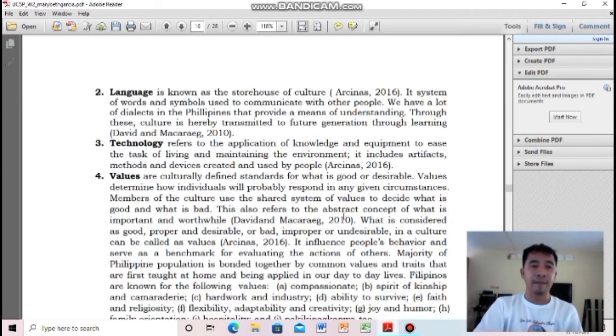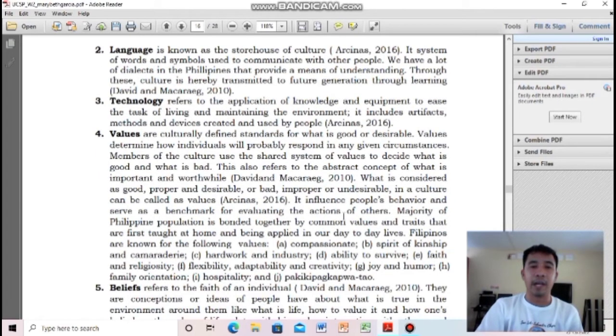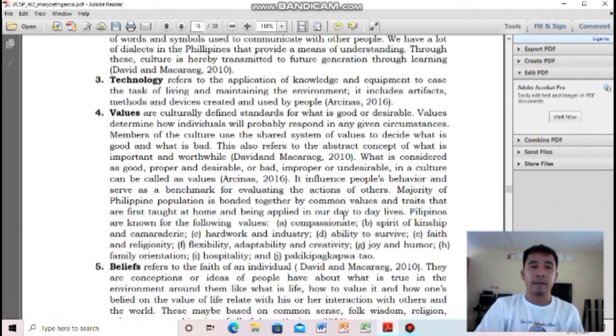Next is values. Are culturally defined standards for what is good or desirable. So, diri masulod ang mga remarkable values that are known for Filipinos, ang pagiging compassionate or maluluyon, spirit of kinship and camaraderie, ang pagiging friendly nato, no?